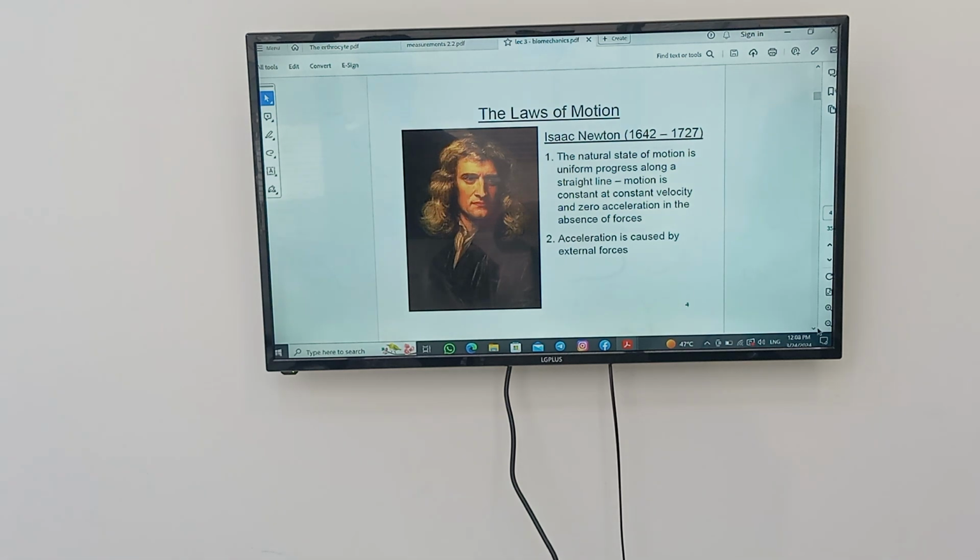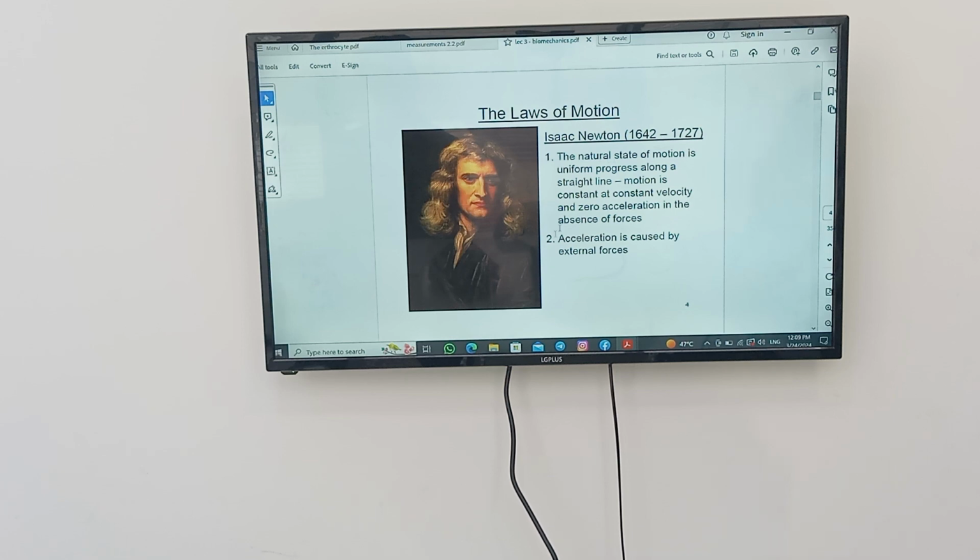After him came Isaac Newton, who put the law of motion, which says the natural state of motion is uniform progress along a straight line. Motion is constant, at constant velocity and zero acceleration in the absence of force. Acceleration is caused by external forces.